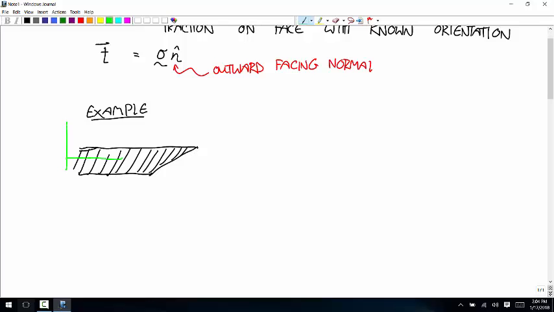The coordinate system is like this. This angle is 20 degrees. And let's say there's a distributed load on this face.